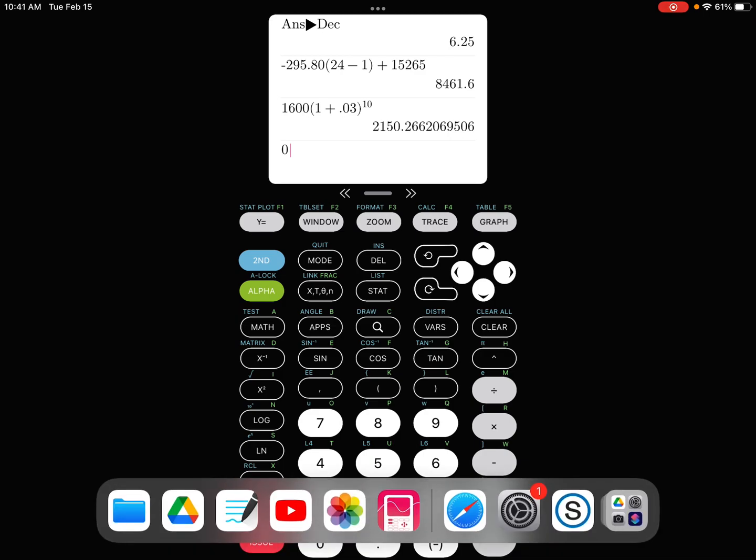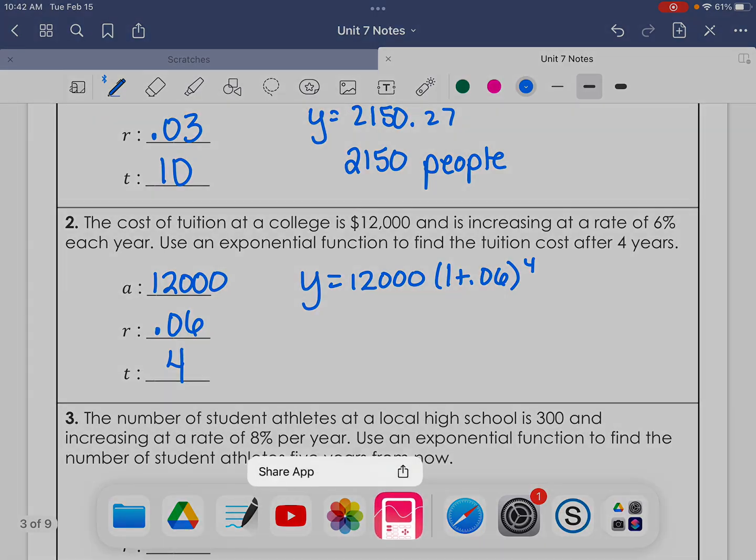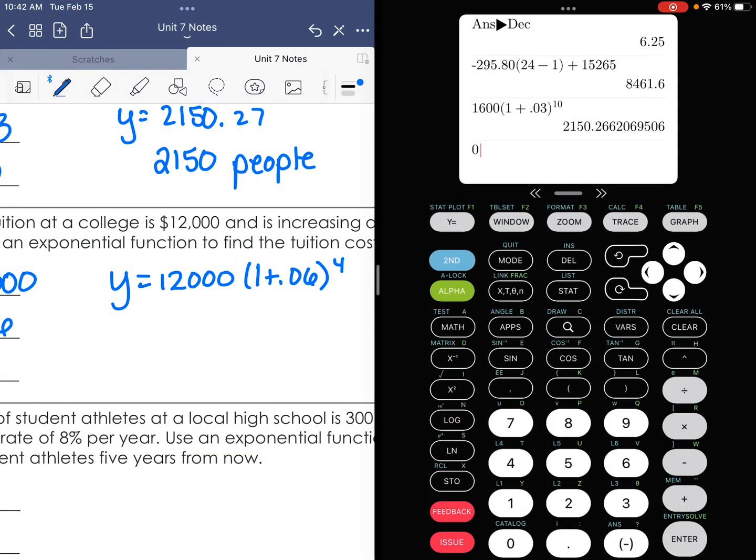So then we're going to put that into our calculator. We're going to have 12,000, and then 1 plus 0.06 in the parentheses, and raise that to the 4th power.